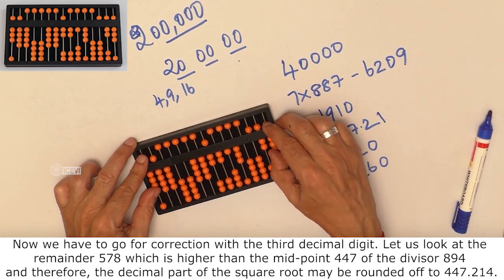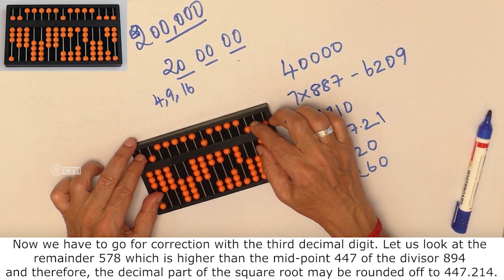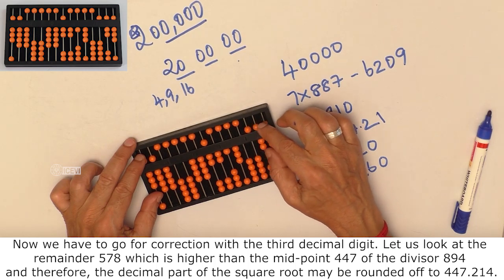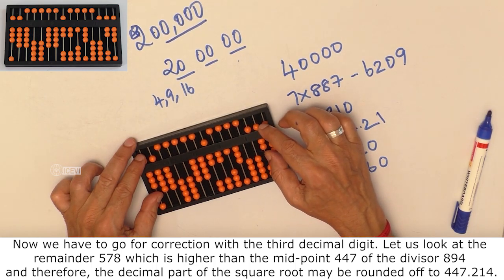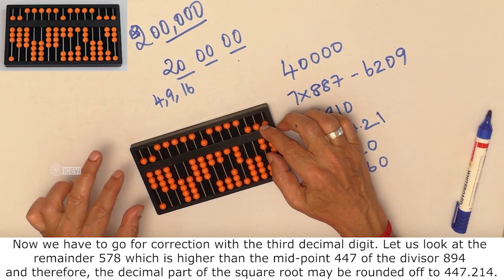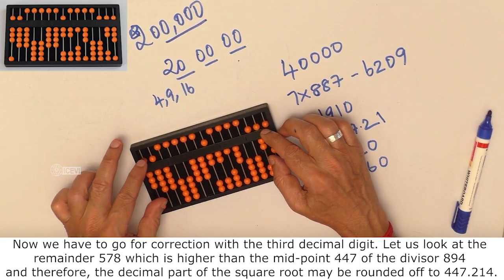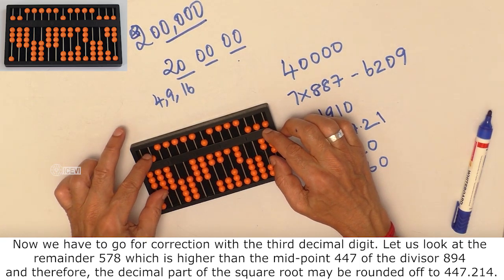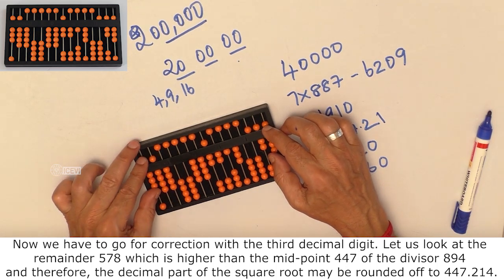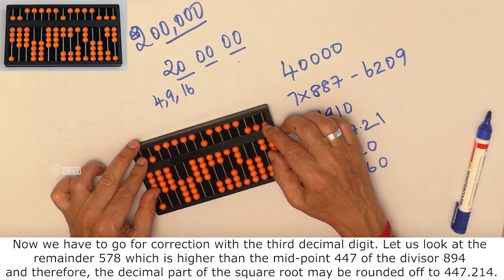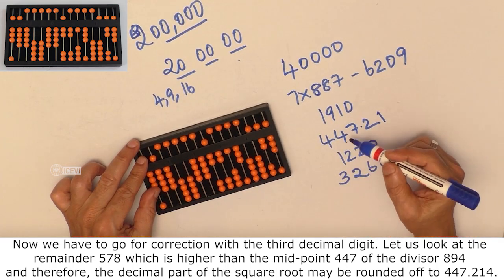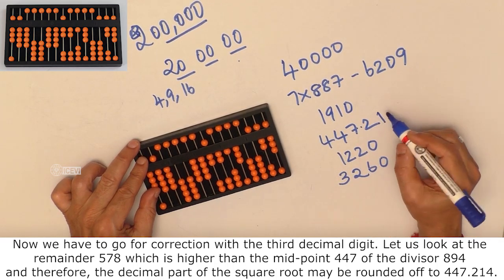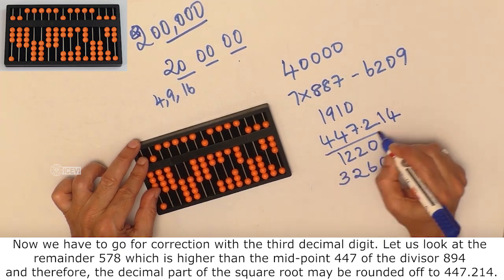Now we have to go for correction with the third decimal digit. Let us look at the remainder 578, which is higher than the midpoint 447 of the divisor 894, and therefore the decimal part of the square root may be rounded off to 447.214.